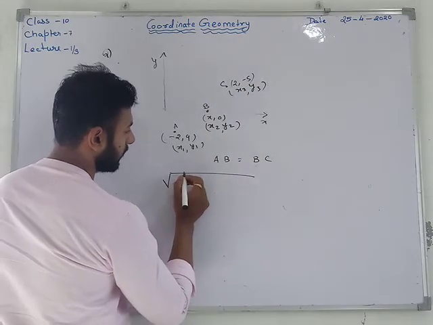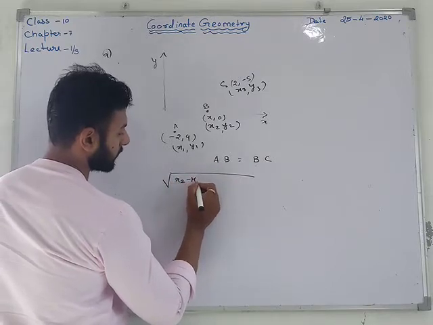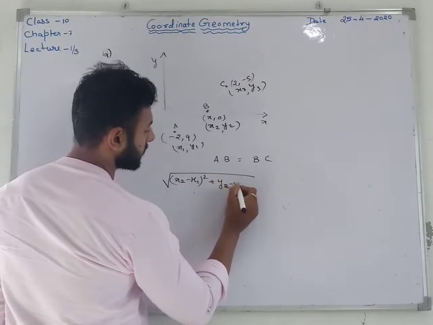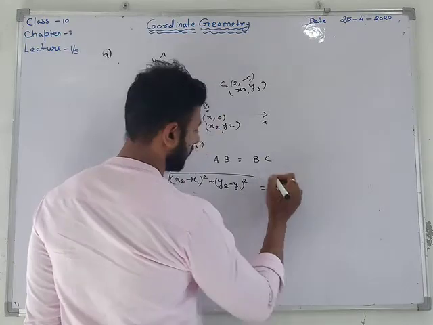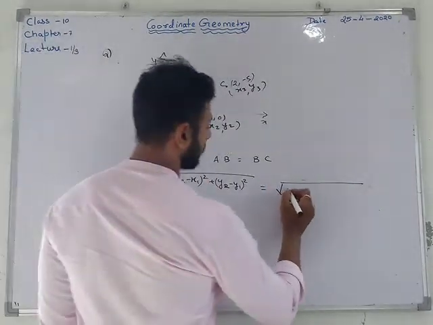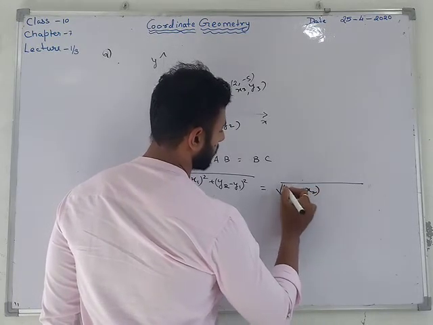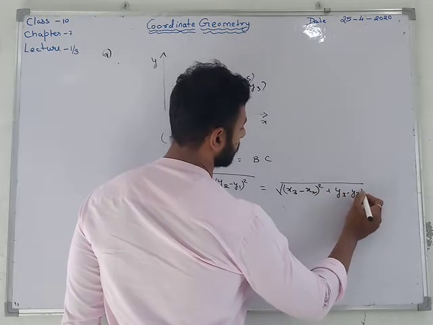For AB, square root of (x2 minus x1) whole square plus (y2 minus y1) whole square is equal to, for BC, applying the distance formula, (x3 minus x2) whole square plus (y3 minus y2) whole square.